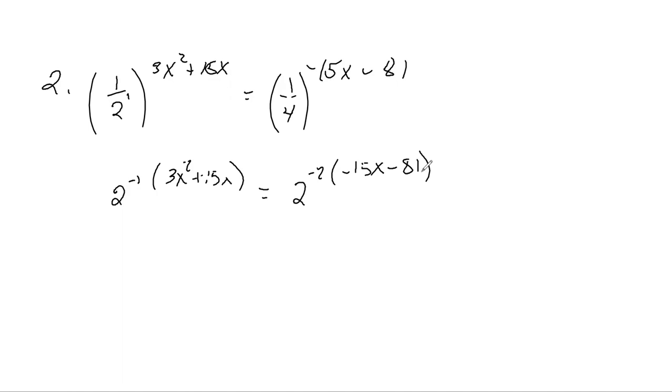Now we distribute the exponents, and they have the same base, so I'm just going to skip that step if that's okay with you guys. I'm just distributing the exponent on the base. So I have negative 3x squared minus 15x is equal to 30x positive plus 162.